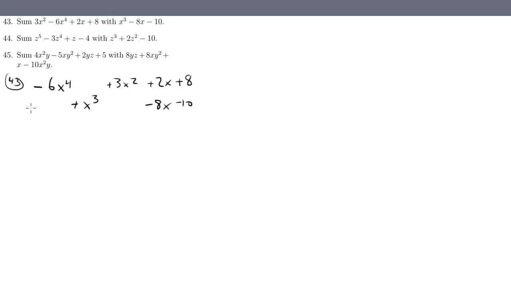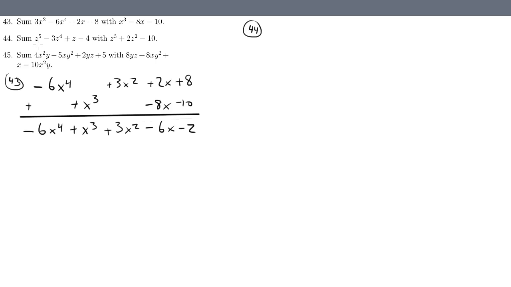There we go. And we'll get minus 6x to the fourth plus x cubed plus 3x squared minus 6x minus 2. Great.